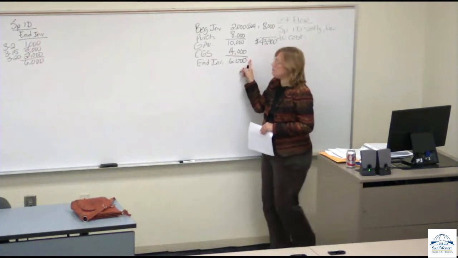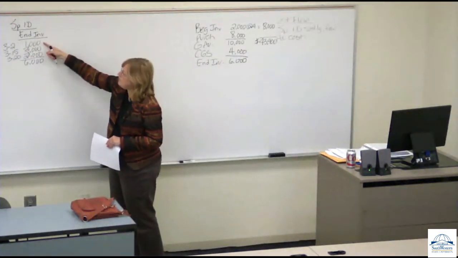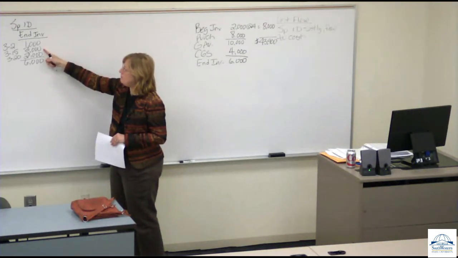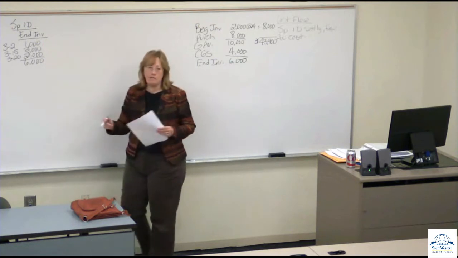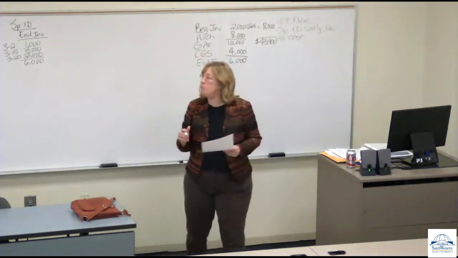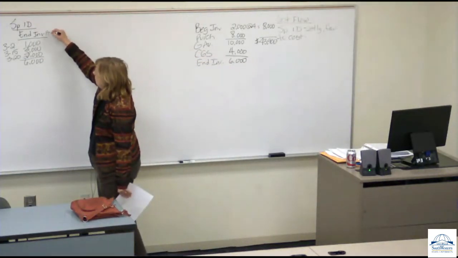And let's assume that these were the 6,000 items: 1,000 from March 2nd, 3,000 from March 15th, and 2,000 from March 20th. This is our ending inventory, number-wise.